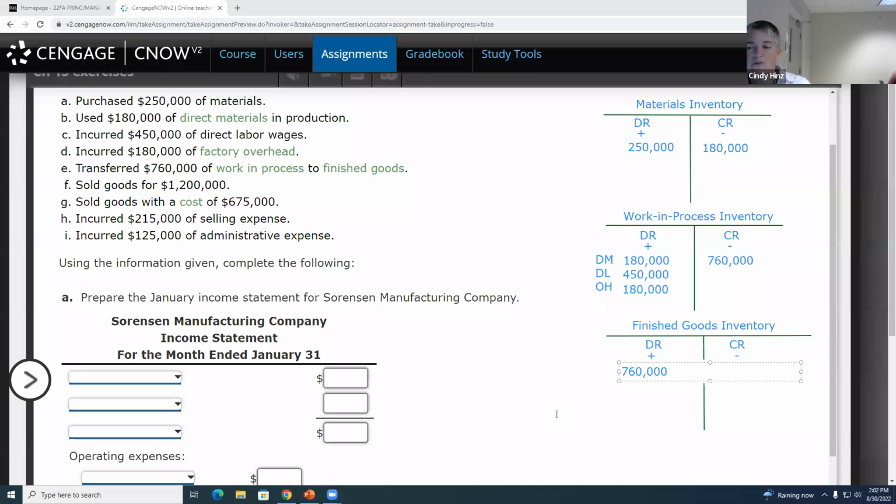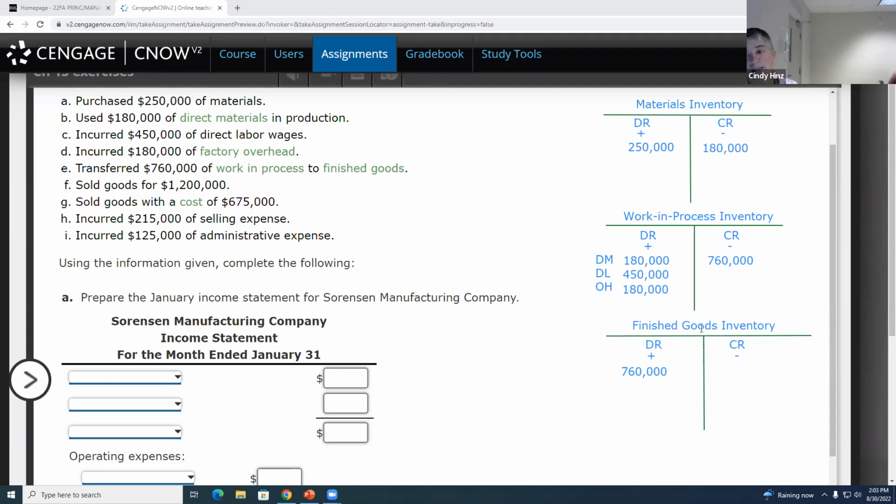So in our factory, we probably move them out of the factory into the shipping department or out into our store if we sell right on site. And in our accounting records, we accomplish that same thing by crediting work in process to remove it, it's no longer in process, and debiting finished goods to show it's now available for sale.